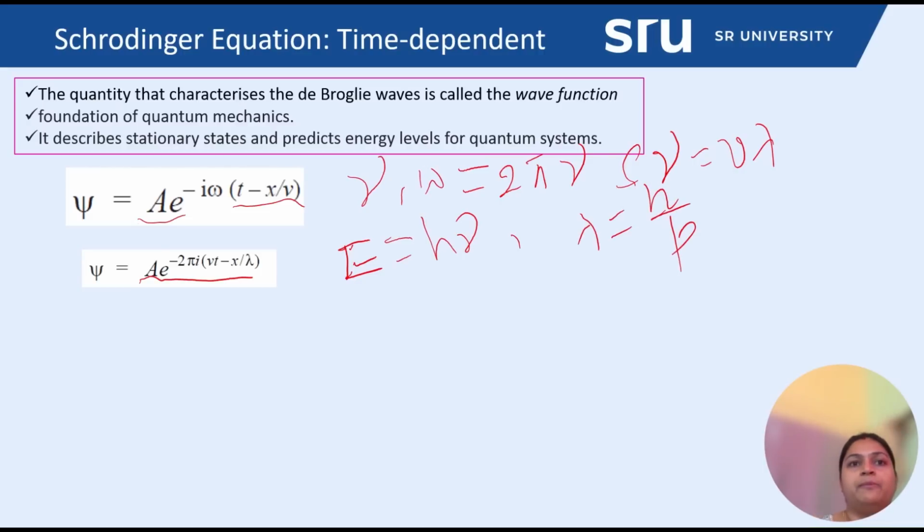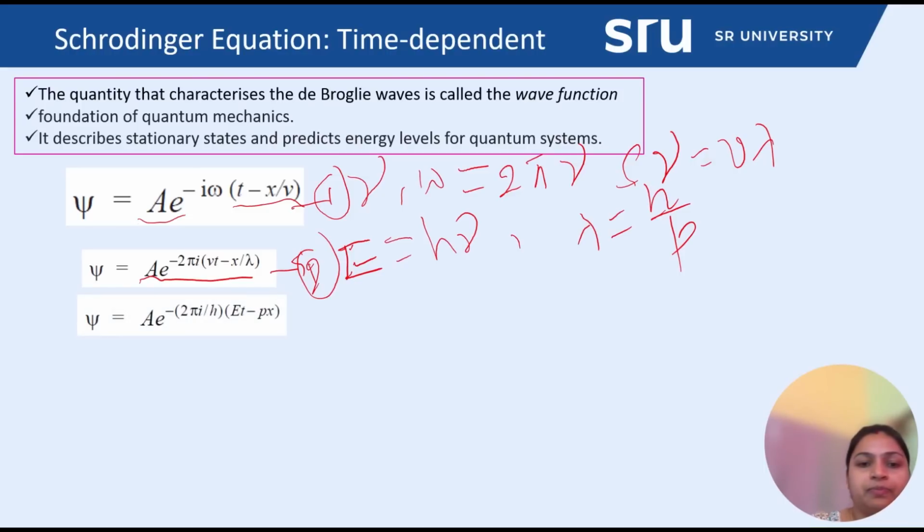Then if we substitute these values in this equation, let's say this is equation 2 and this is equation 1, one can get psi is equal to a e to the power minus 2 pi i by h within bracket (Et minus px).